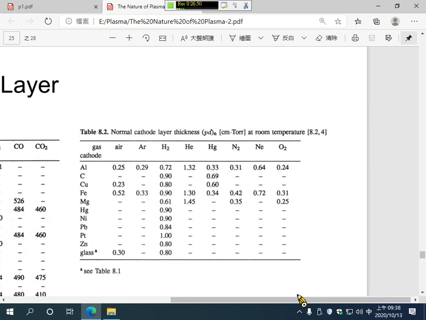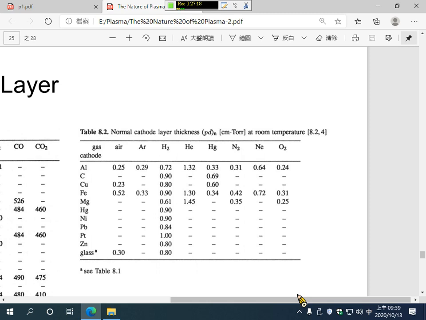Actually it's P times d, where P is the pressure of your plasma system and d is the cathode layer thickness. From this table, we can see for most systems, the cathode layer thickness is a little bit smaller than 1 centimeter torr.